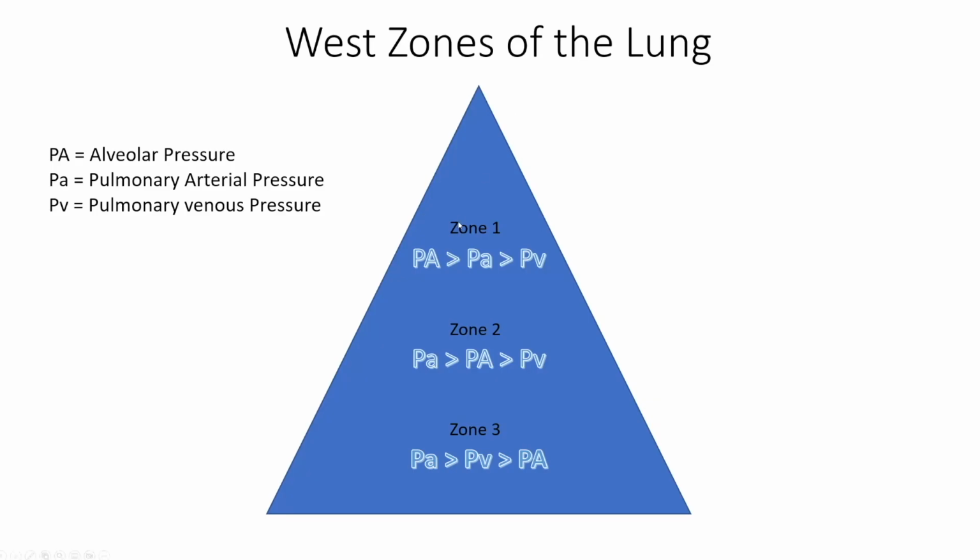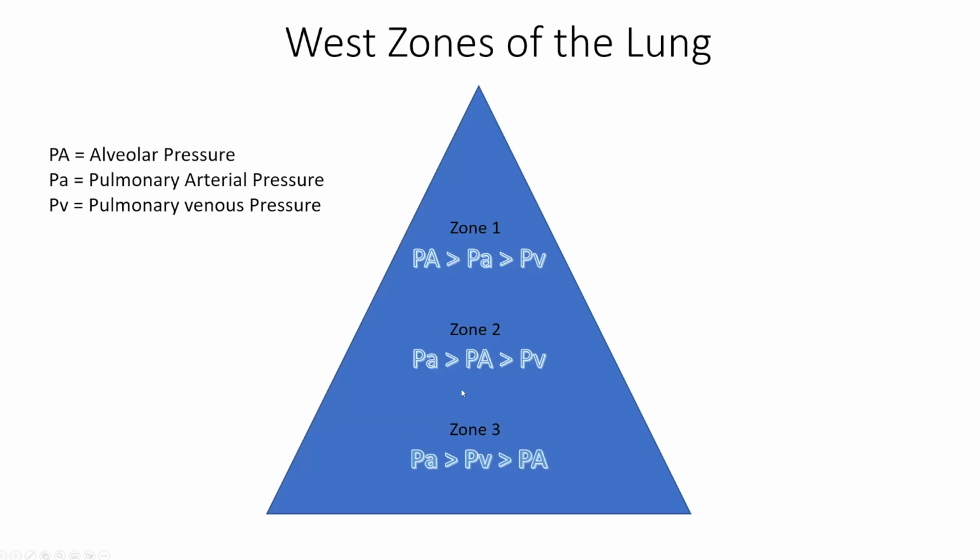Now, in zone 1, there's great ventilation, but there's no good lung perfusion because the alveolar pressures are typically so high that they compress the pulmonary arteries and the veins. So there's no perfusion. In zone 2, you start to get a little bit of perfusion and a little bit of gas exchange because you have a higher arterial pressure. And in zone 3, this is where we all want to be, where the arterial and venous pressure outweighs the alveolar pressure.